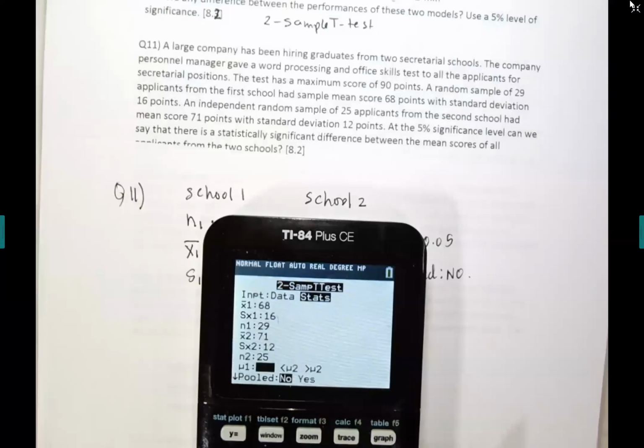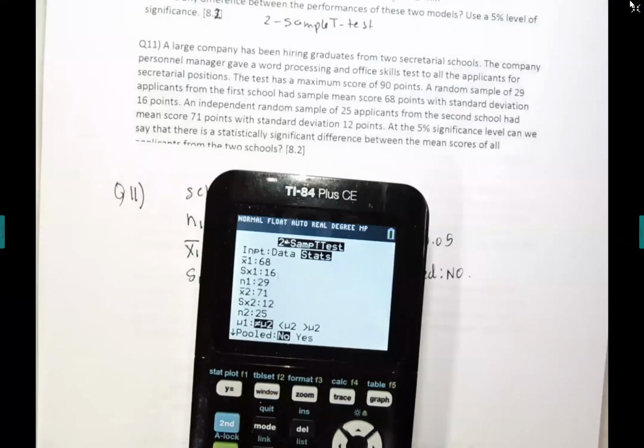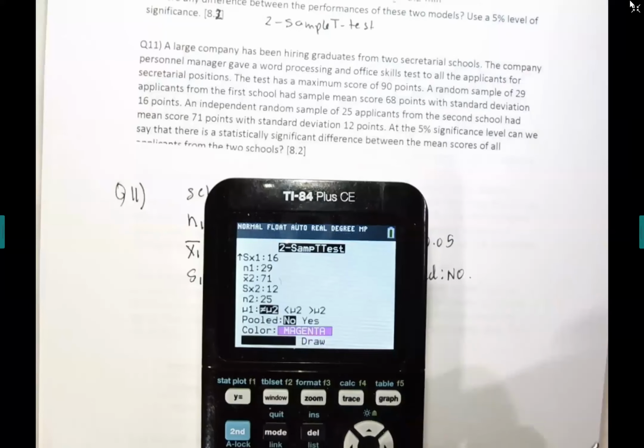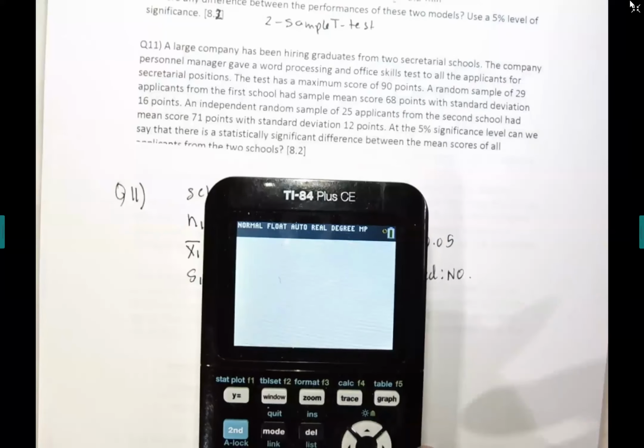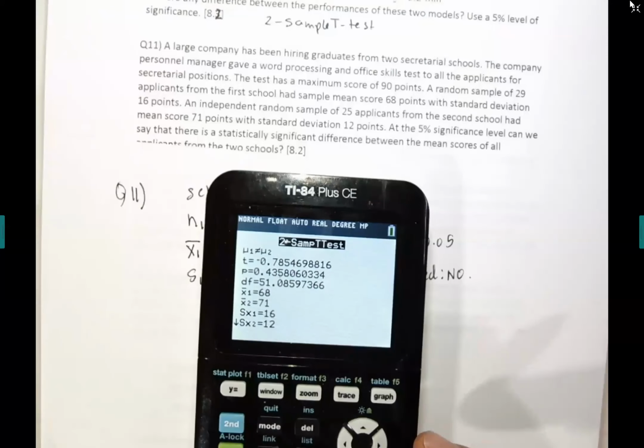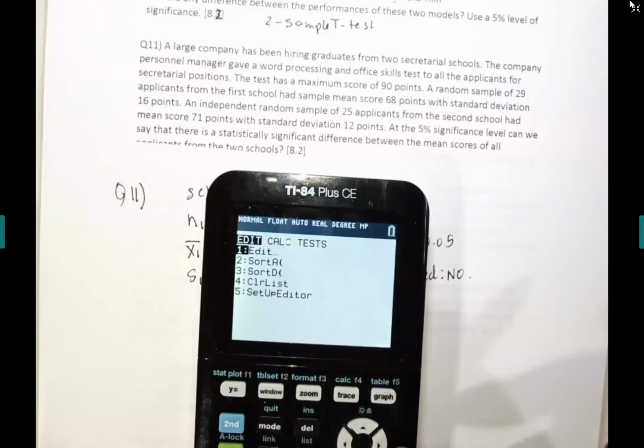We're testing that mu1 is not equal to mu2. Pooled is no. And then, guys, you hit calculate. You want to do a draw, you can do that. So T is negative 0.785 and p-value is big, 0.435806.